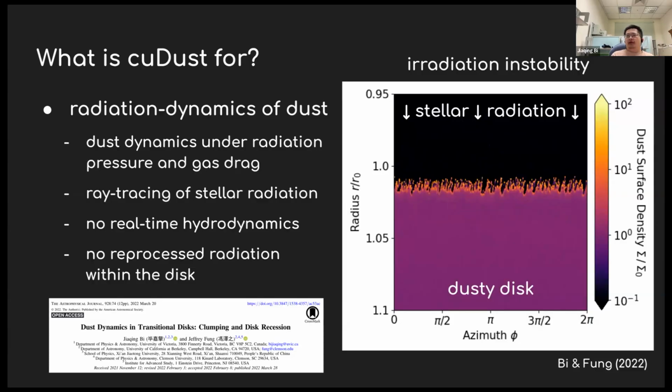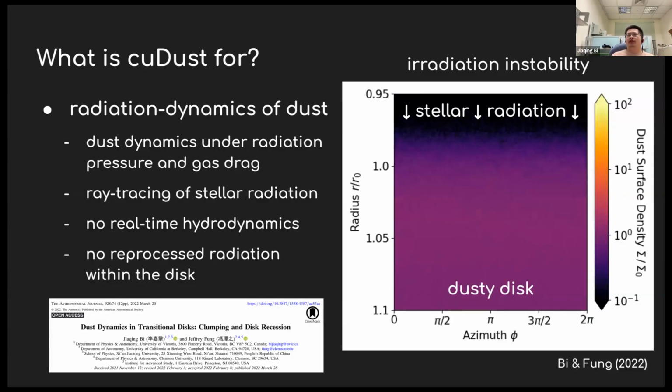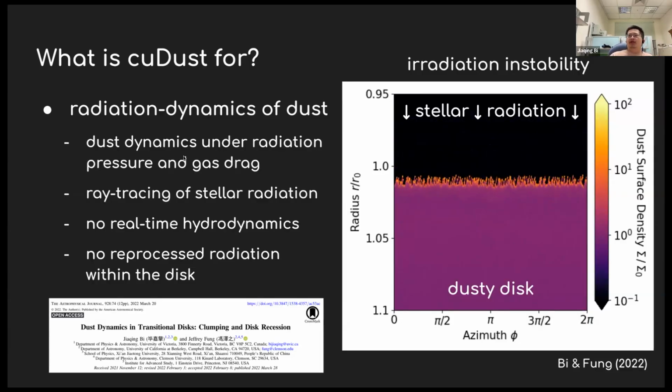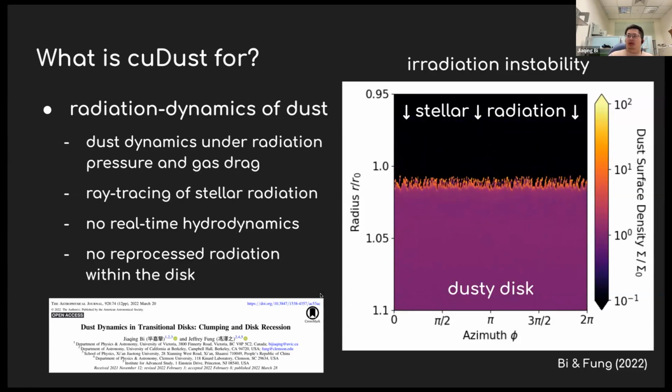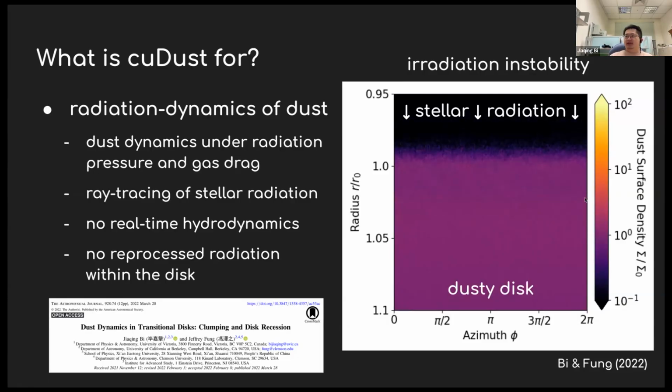And the code was used to study a dynamical instability of dust called the irradiation instability, which was published in my 2022 paper with Jeffrey Fong. The irradiation instability is a disk instability that happens on the inner edge of the dusty disk.